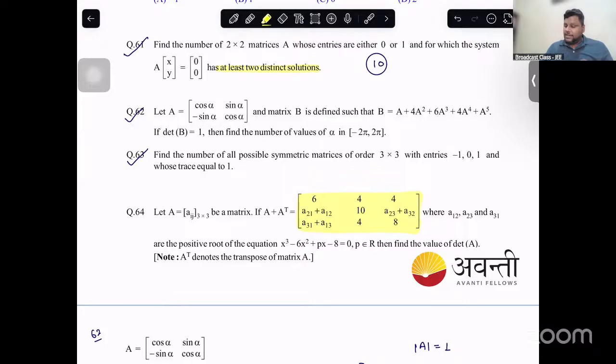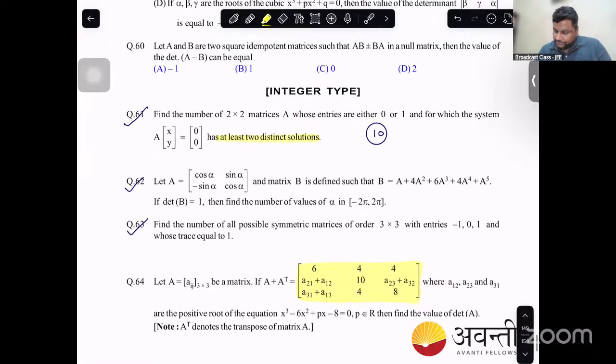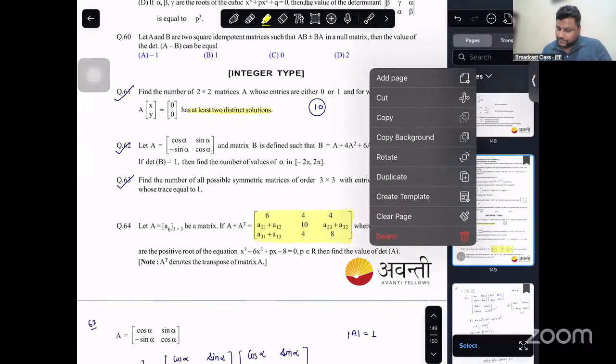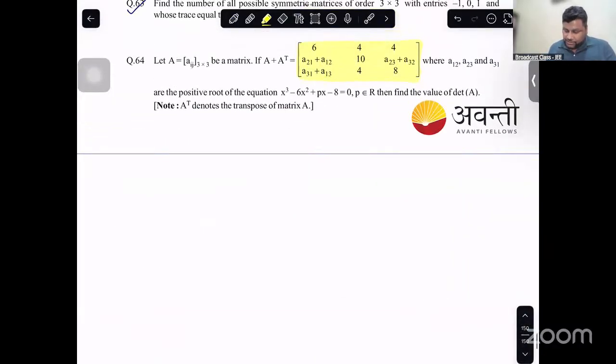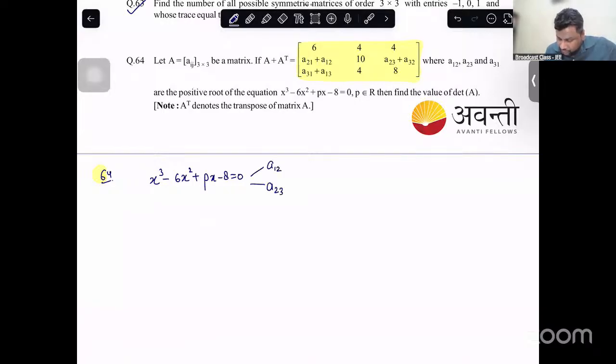Now there is a very good thing about this equation. See, the equation you have is x cube minus 6x square plus px minus 8 equal to 0. Now they are saying roots of this equation are A12, A23, A31.